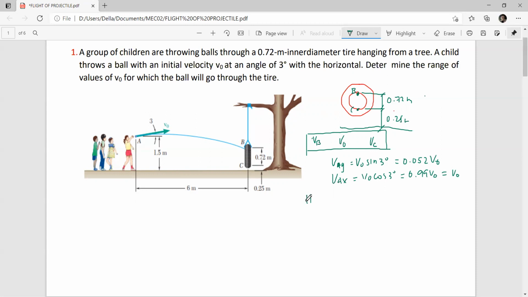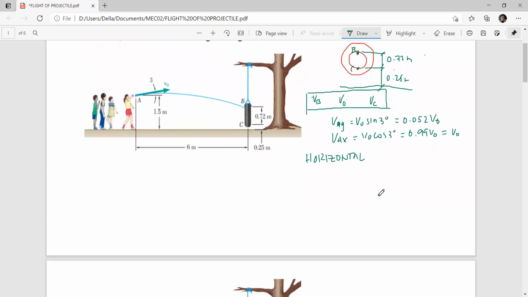So establish the horizontal equation that we will get on the flight of projectile. So we have x equals constant velocity multiplied by time, from point A to C or B. So this is the x.